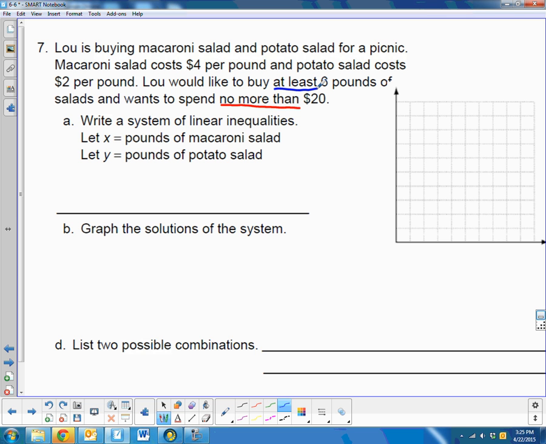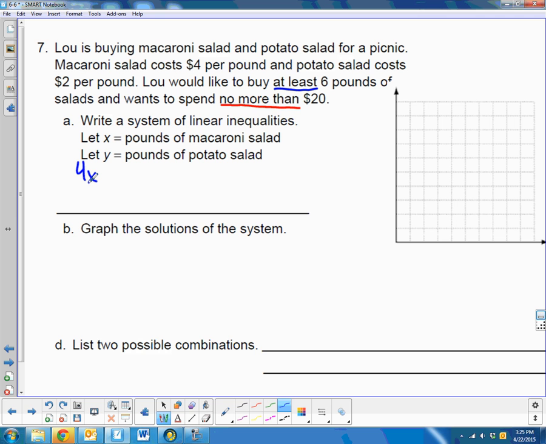So let's look at the dollars, because dollars are important. We've got $4 for every pound of macaroni, 4x.